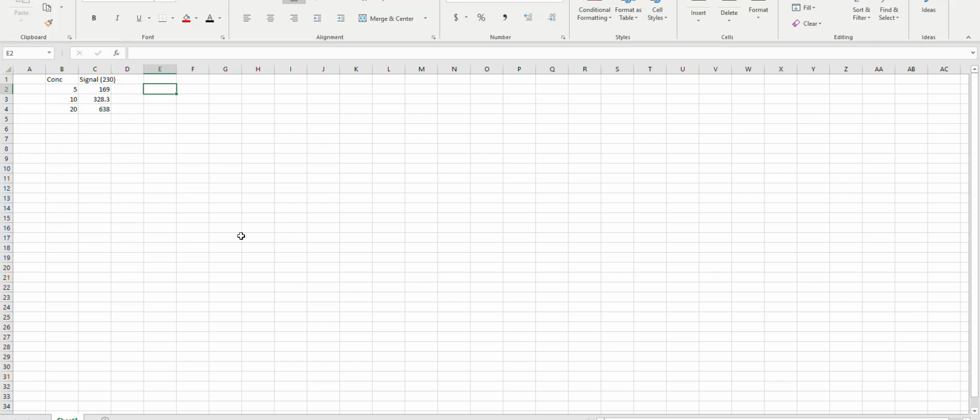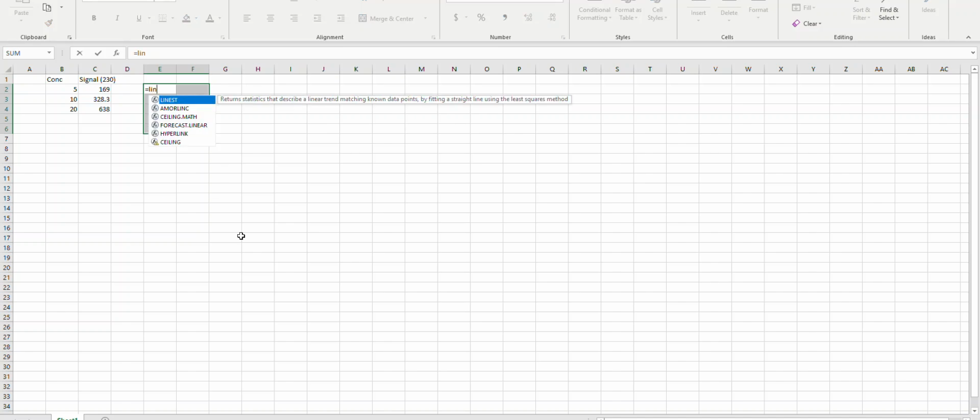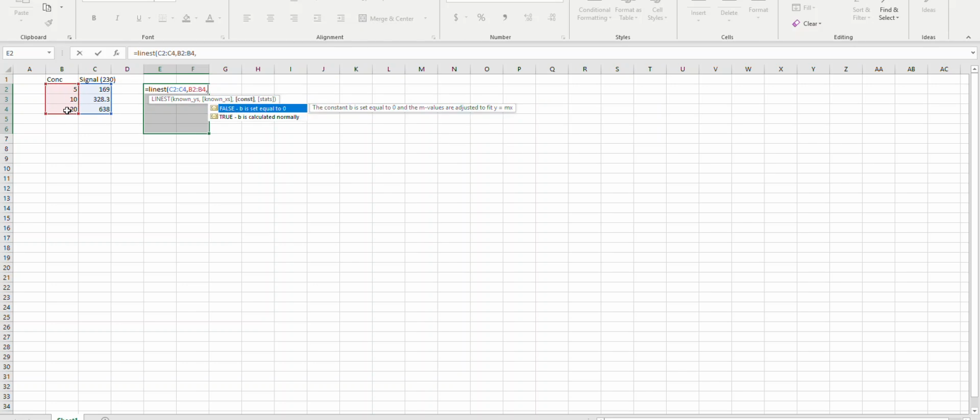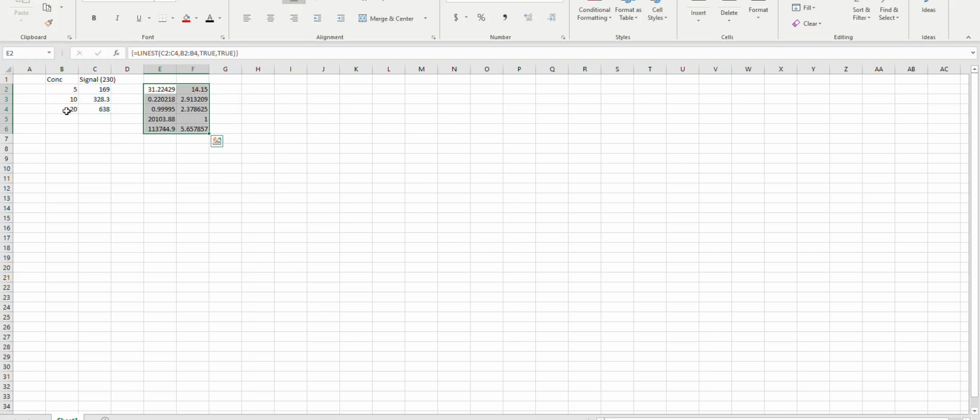So now we're going to need to linest these. Let's highlight a 1, 2, 3, 4, 5 by 2 region. Then we're going to type equals linest, and we'll put in the y's, comma, the x's, comma, go down to true and hit the tab key, the comma, go to true, hit the tab key, close the parens, and then type Shift Control Enter.